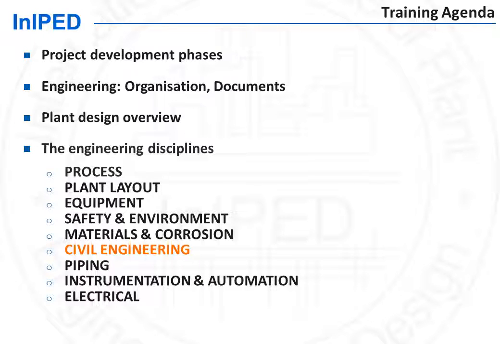Civil engineering is in charge of a variety of plant items and systems, which include foundations, concrete and steel structures, buildings, and underground networks. It all starts with subsurface investigations.